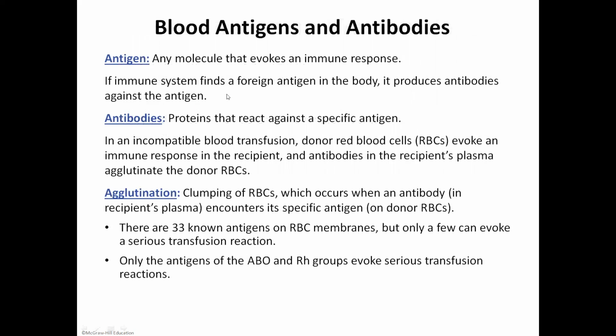All right, now you may hear about an antigen. An antigen is a molecule that evokes an immune response. And for us, we have these antigens on our red blood cells. So we produce antibodies against particular antigens. For instance, an antibody is going to protect us from a specific antigen. So for someone like me that's O blood, I don't have anything on my red blood cell, but I do have in my plasma an anti-A.